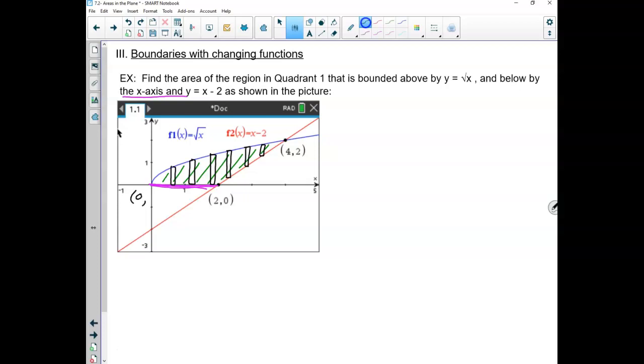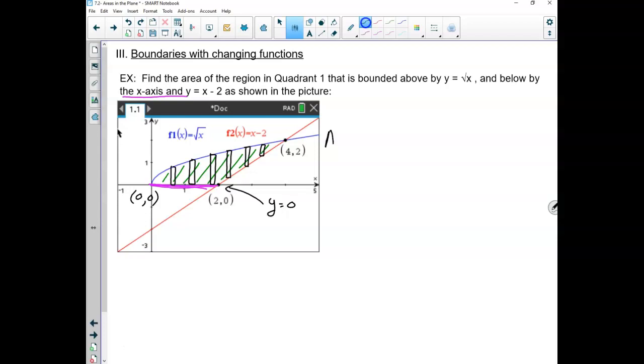And I need this point 0, 0. That's kind of obvious. Notice this is my y equals 0 curve for that pink one. I'm going to need 2 integrals because that bottom curve changed where my height is being calculated from.